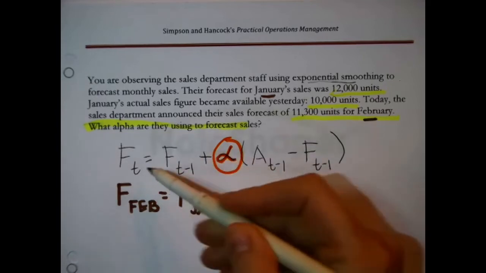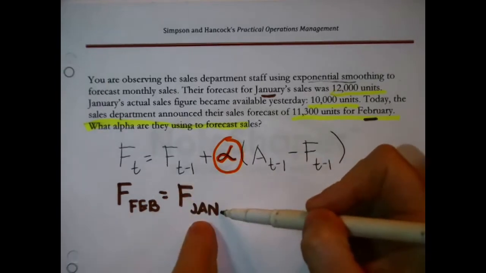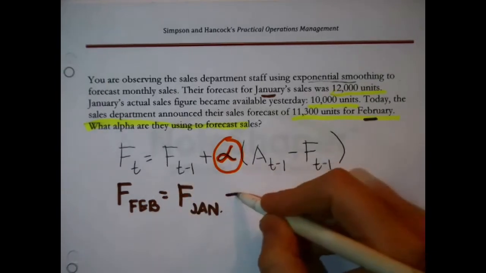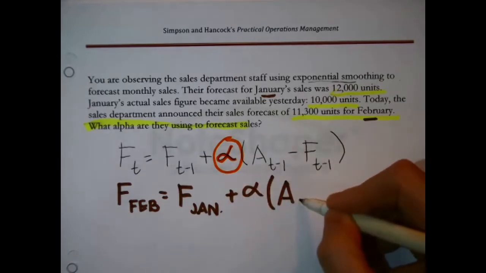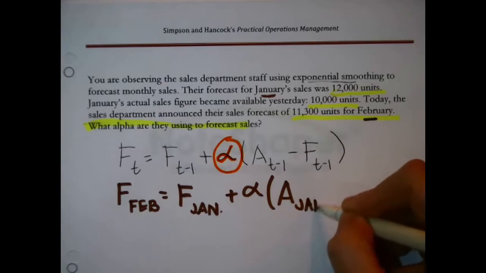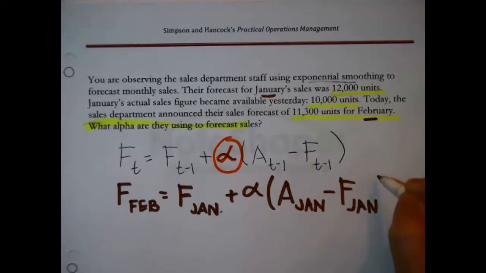Instead of just writing T and T minus 1, I'm writing February and the month before that one, January, plus alpha times what actually happened in January minus what I had forecast would happen in January.